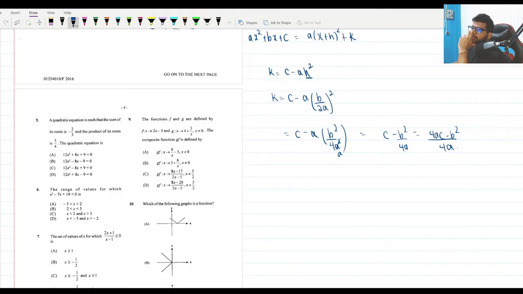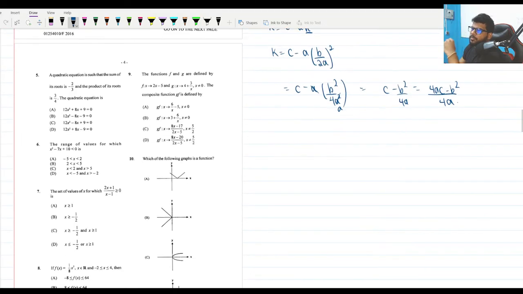The quadratic is such that the sum of the roots is minus 2/3. So alpha plus beta is minus 2/3. And the product of the roots, alpha beta, is 3/4.